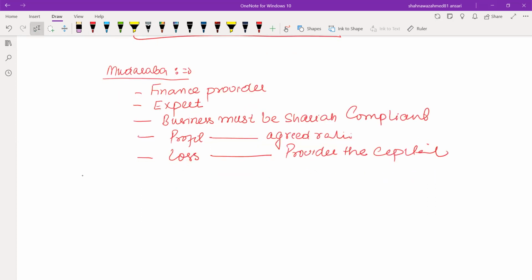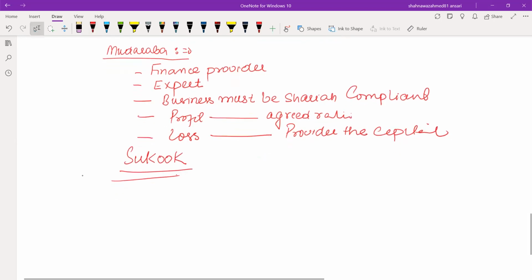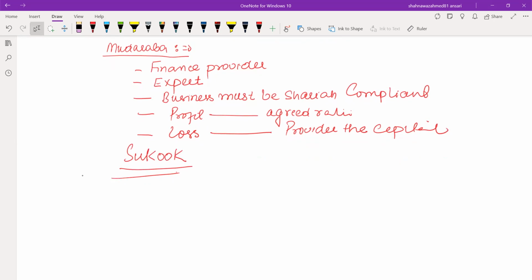While as an alternate to debt financing, we have Ijara, or it might be a Sukuk. So let's talk about Sukuk. As we know, under Sharia principles, conventional debt financing with interest is not allowed. So the alternate is the Sukuk. Sukuk is linked with the underlying tangible asset.